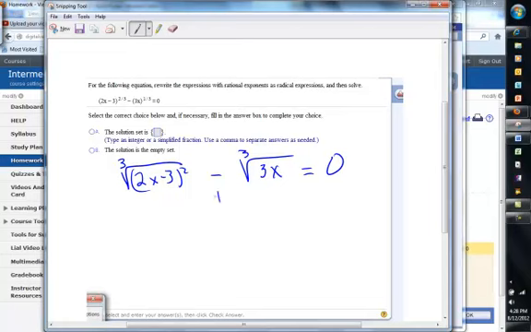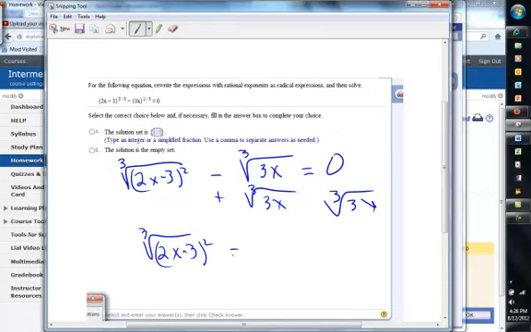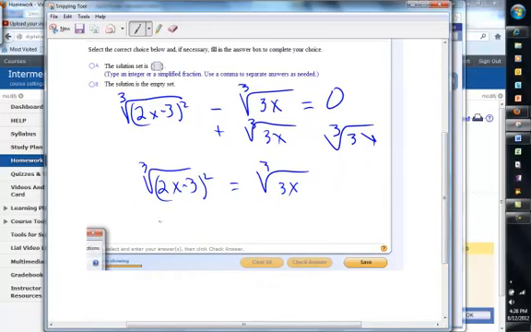So let's add the cube root of 3x to both sides, and we get the cube root of 2x minus 3 squared equals the cube root of 3x. Cube both sides, and you get 2x minus 3 squared equals 3x.